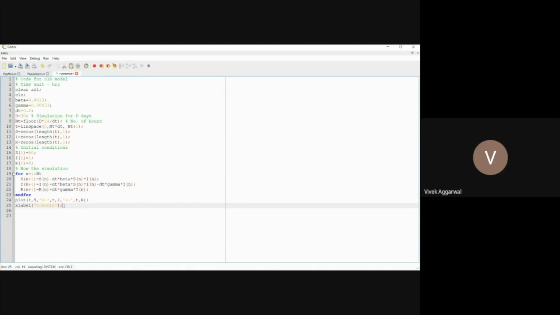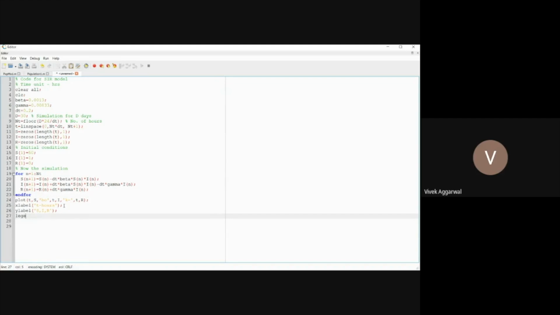And the Y label I write as S, I, R, because it gives you all the three values. And then I can define legends.